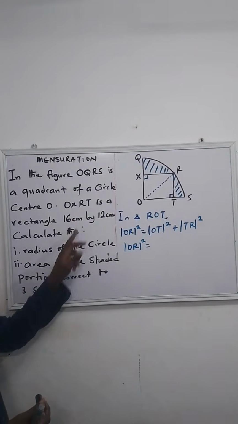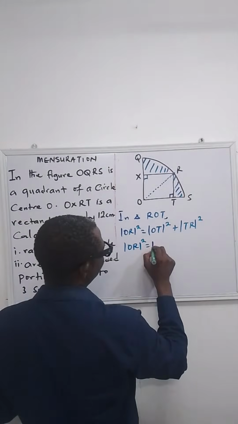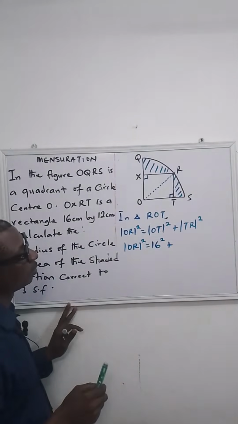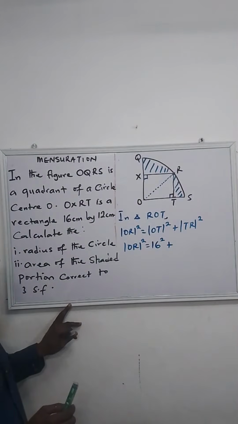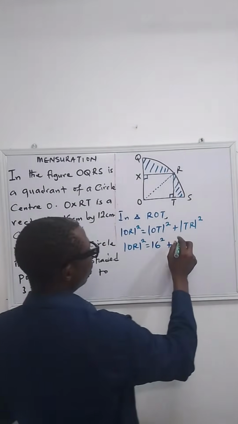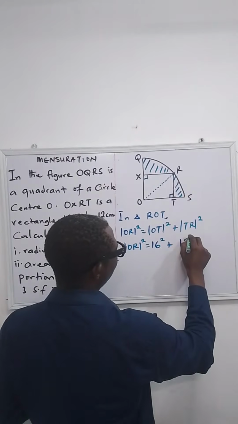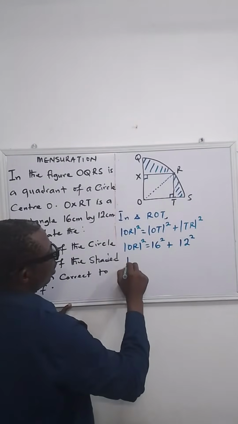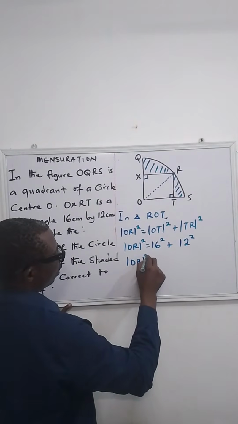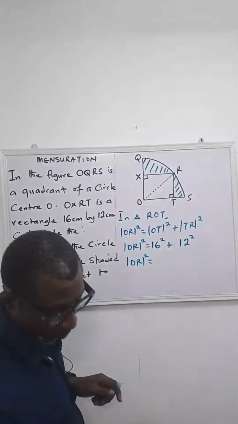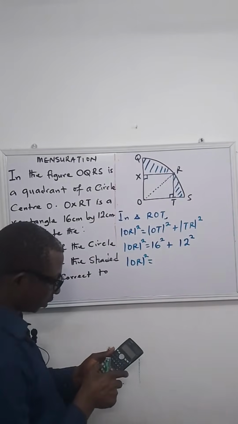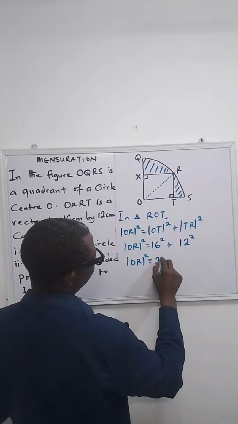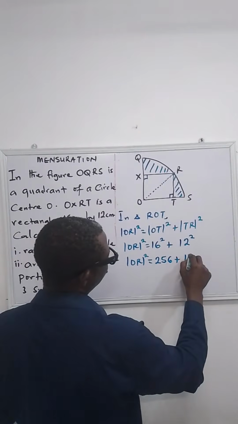OR square equals, now OT, that is the length, that's 16 centimeters, so we have 16 square plus TR, which is 12, so 12 square. What is 16 square? We have 256 plus 144.